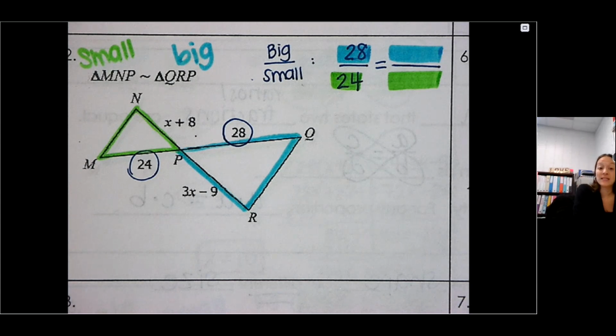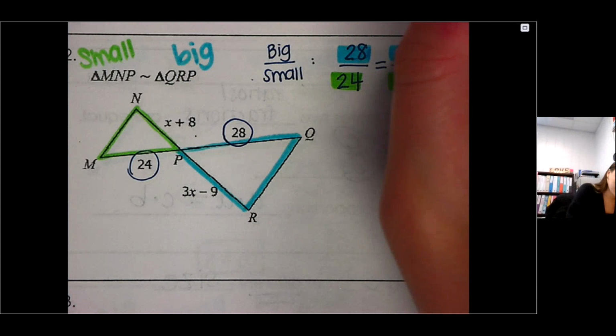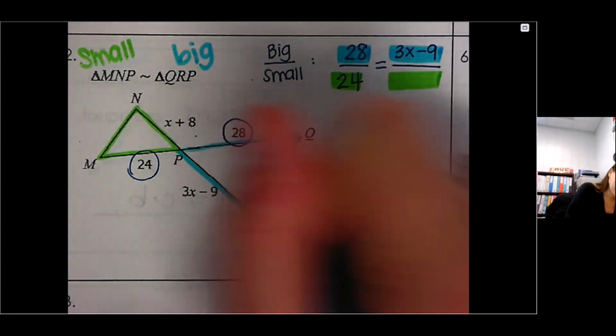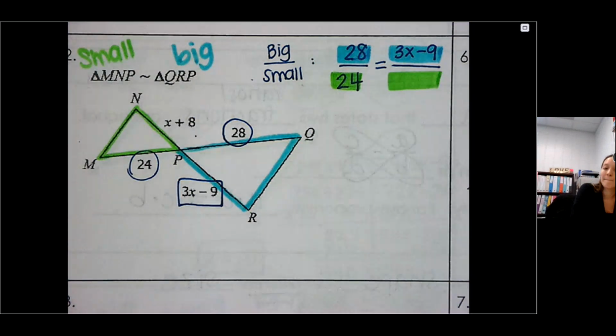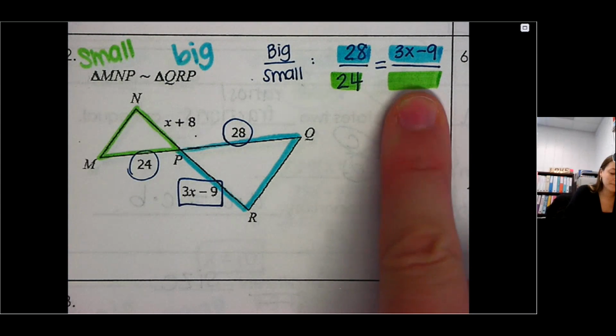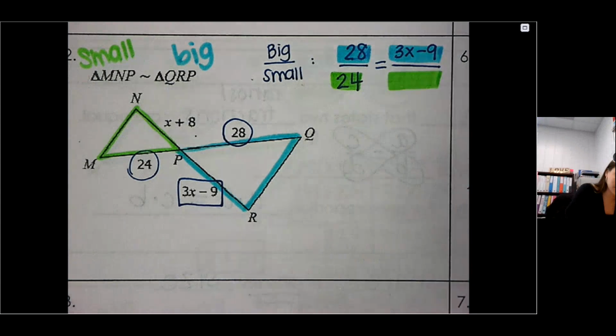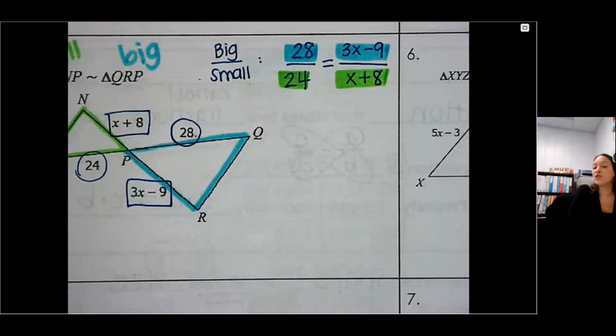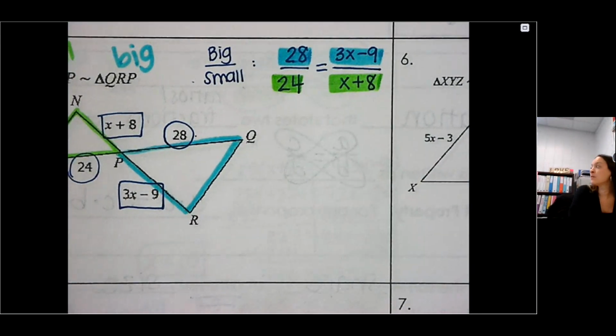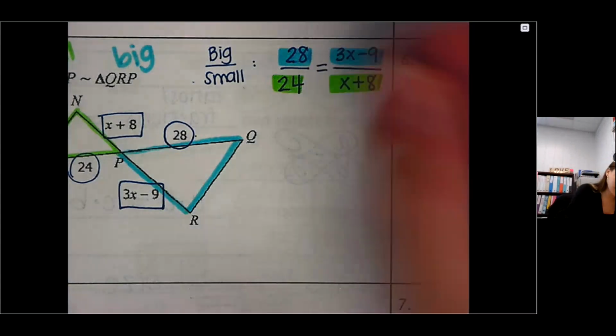Yeah, 3x minus 9, the big triangle, over what? What should go underneath it? X plus 8. And now you have your proportion. And once you have your proportion, what can you do? Cross multiply, just like the warm up.